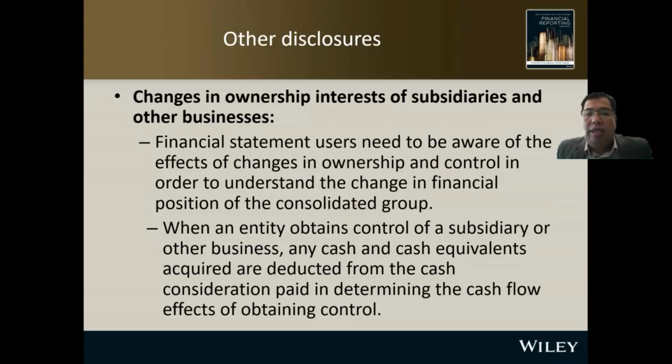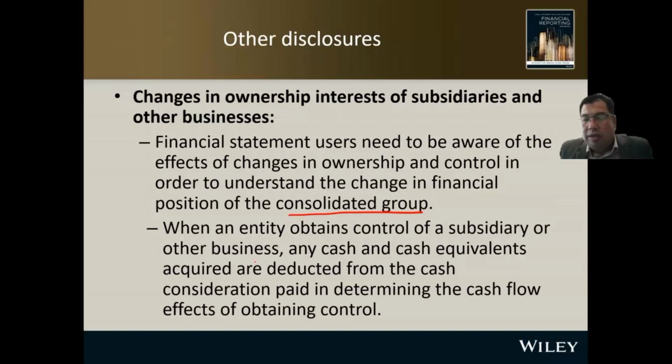About the changes in ownership interest of subsidiary and business, the financial statement user needs to be aware of any changes in ownership and control in order to understand the change in financial position of the consolidated group. We haven't covered the consolidated group in our syllabus yet, but inshallah, at the end of the semester, you will know what is meant by consolidated group, whereby several companies can combine or consolidate the accounts because they are under the same group.